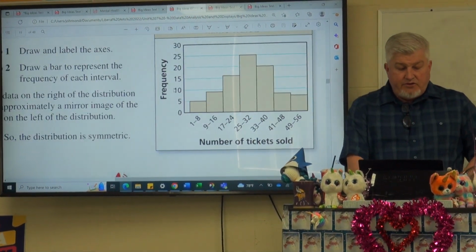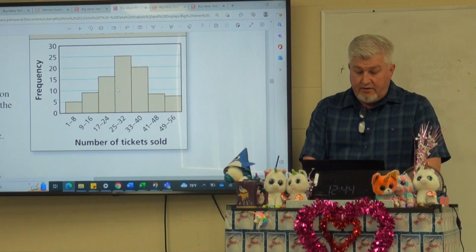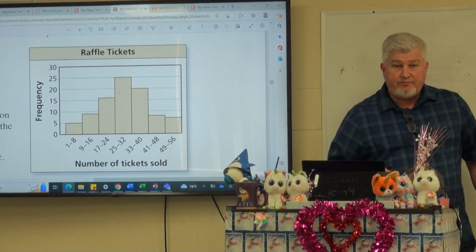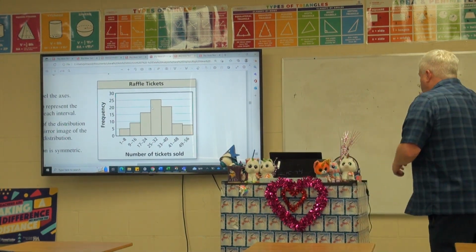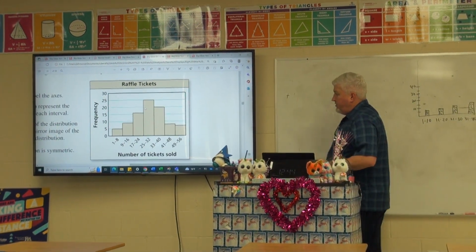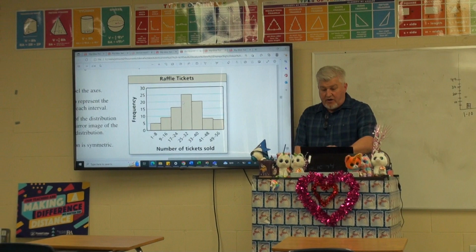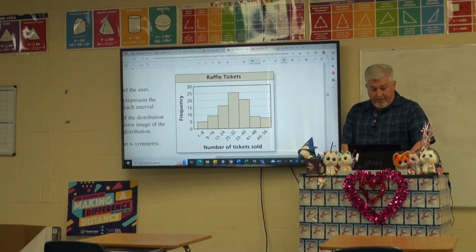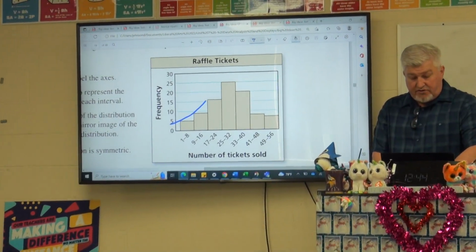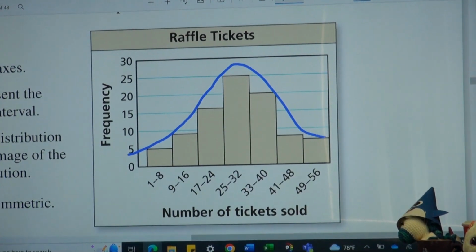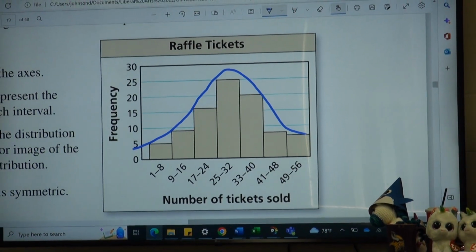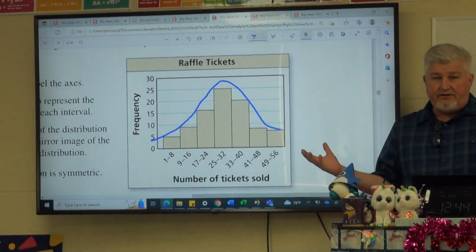What they ask you is, how would you describe that data? Would you describe this data as skewed to the left, skewed to the right, or symmetric? Well, let's draw a line and see what it looks like. We draw a line connecting the corners. The question is, how would you describe it?